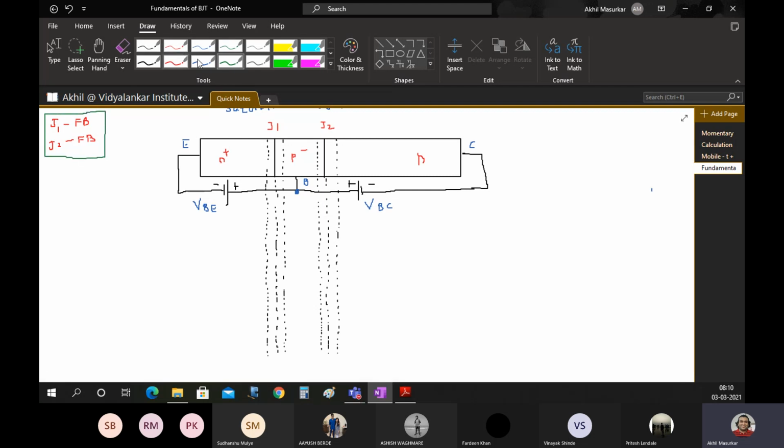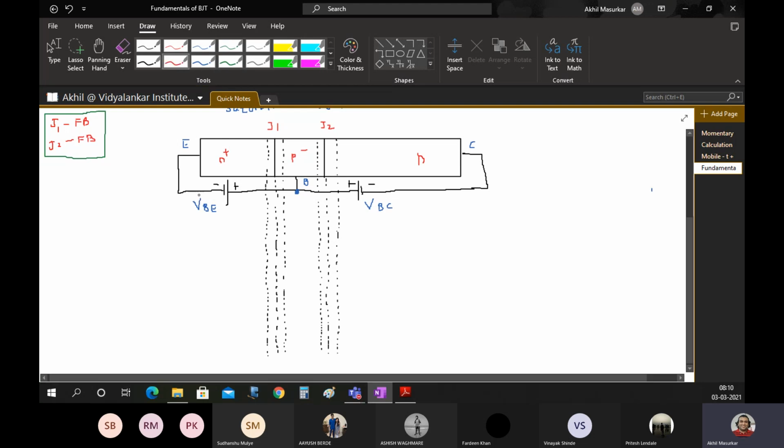Now what happens to the energy band diagram? That is a matter of discussion. So there is no problem in drawing the equilibrium diagram because at equilibrium the Fermi levels of everybody will be aligned with each other.